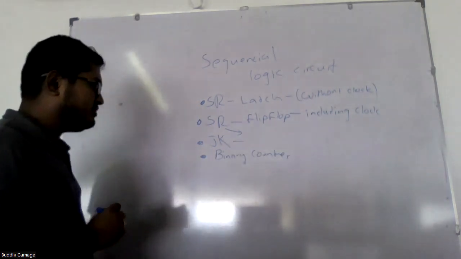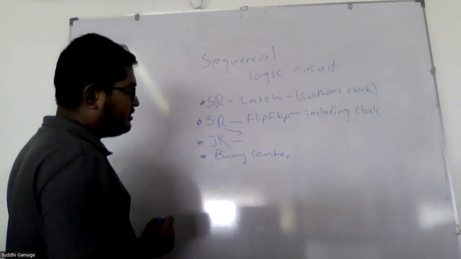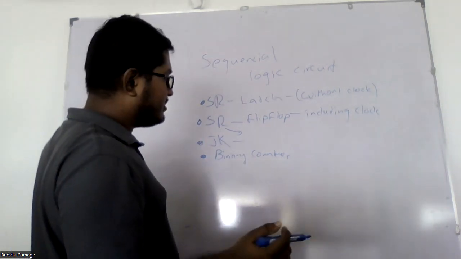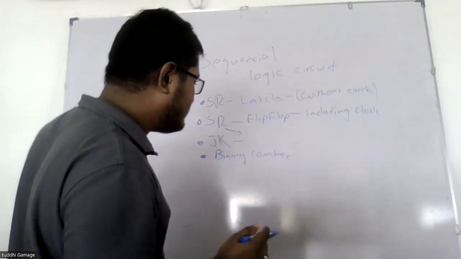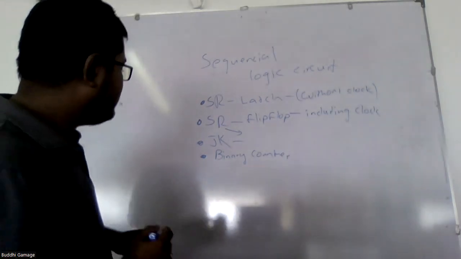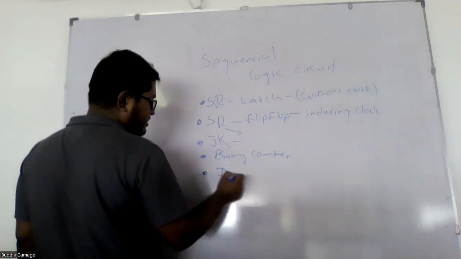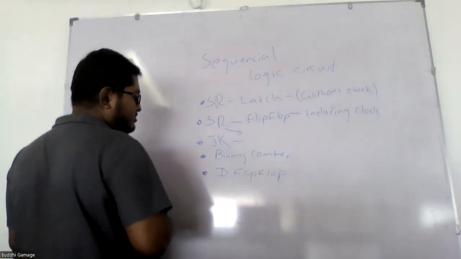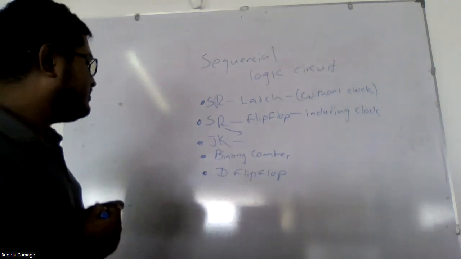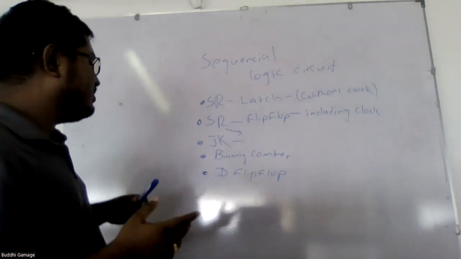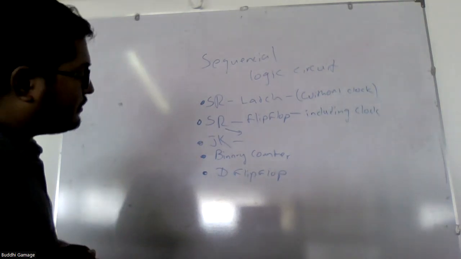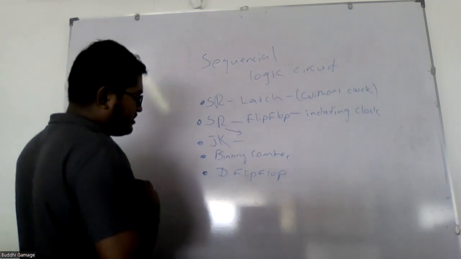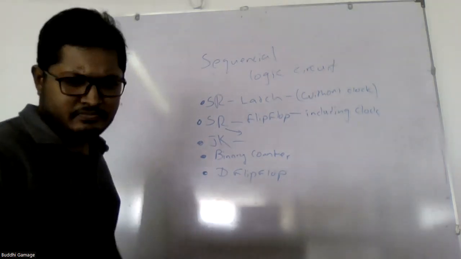A binary counter is a circuit that can count up from 0 to any particular value. And the D flip-flop is for storing and reading a memory, or a single bit inside the memory. So those are built by using these D flip-flops.